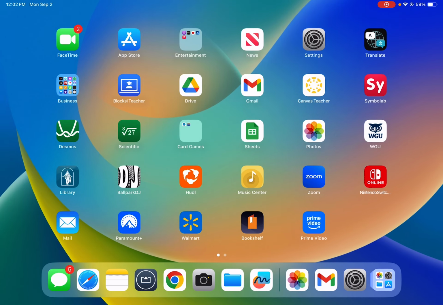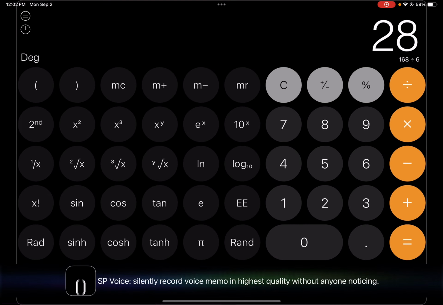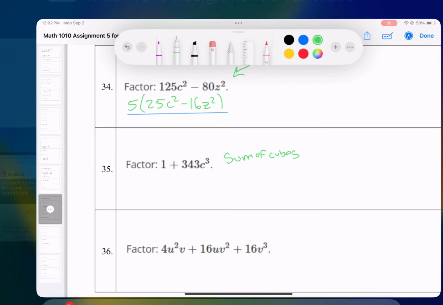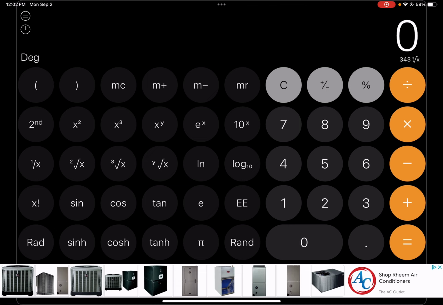We'll just go to my calculator. So, clear the cube root of, was it 343? Yep. Oh, okay, wait a minute. 343.